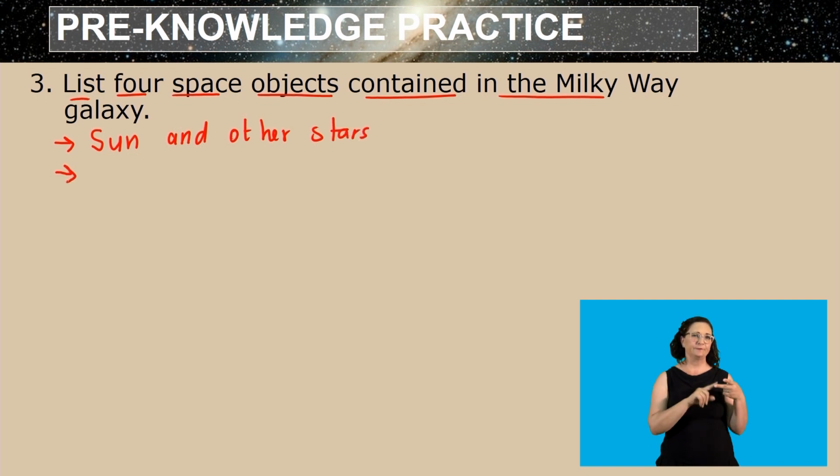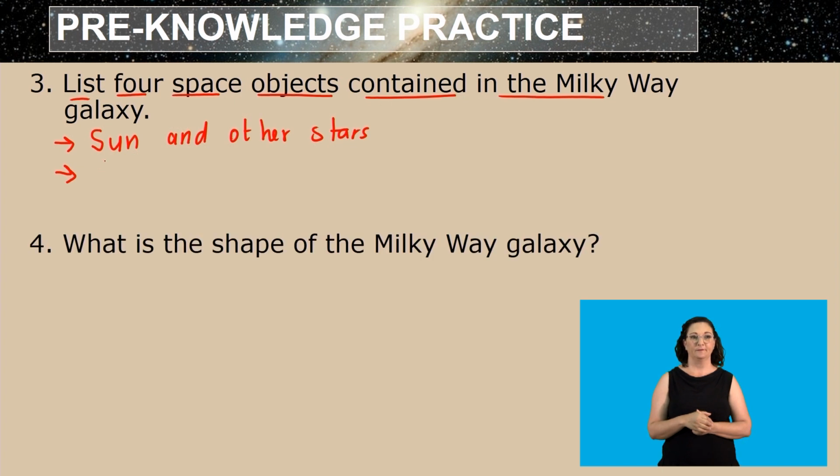What else do we find in our Milky Way? We know that in our solar system, which is in the Milky Way galaxy, we also find planets. Remember the planets that orbit around the sun. So we will write that down: planets. And then what else do we have? Remember, we also have the meteor as well as the comets. These are rocks that enter the space and the atmosphere of the earth.